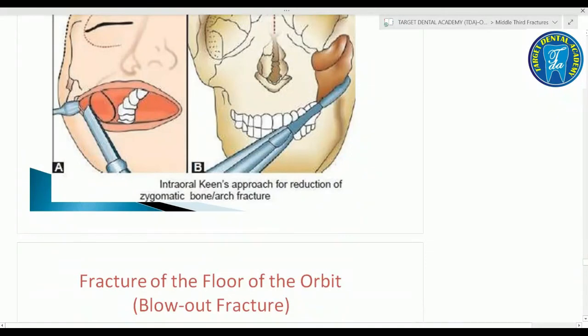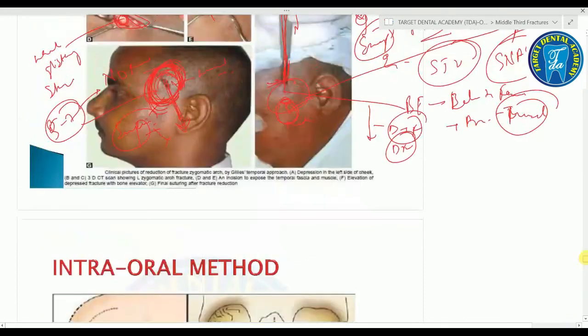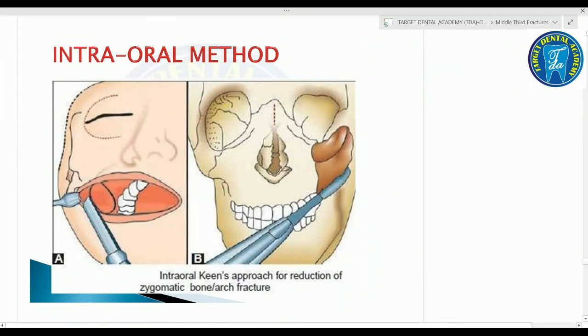Coming on to the intraoral method, this is called the intraoral or the Keene approach for the reduction of the zygomatic fracture. The Keene's approach was given in 1909. In this, the intraoral buccal vestibule incision is given in the first or the second molar region.